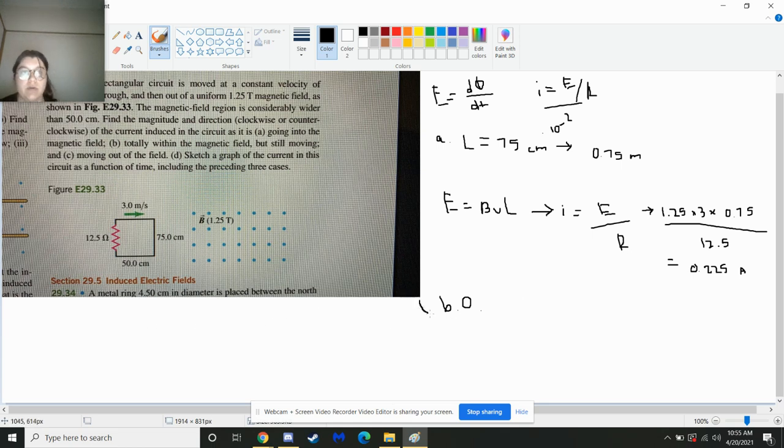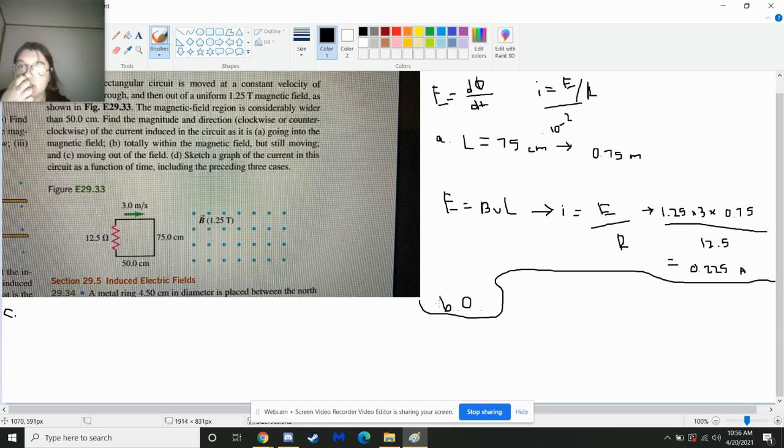Now I'm going to block off this section of the work so that we can do C on the left over here. For C, we are going to be doing the same equation as A, because A and C are essentially the same thing: one is transitioning into the field, and the other is transitioning out of the field.